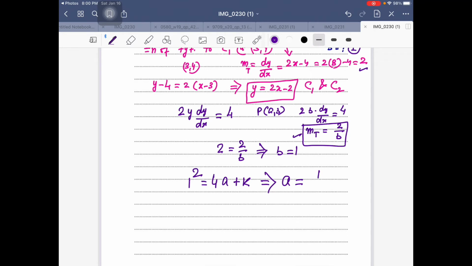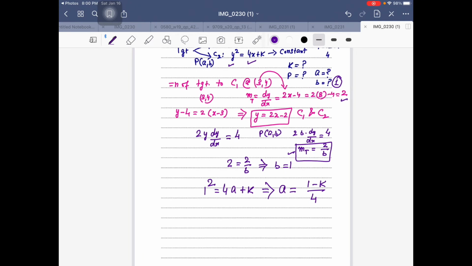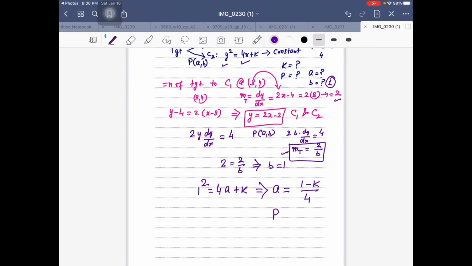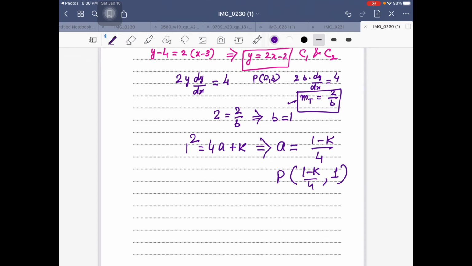So a is (1 minus k) over 4. Now I got the point P like this: P is (a, b), where a is (1 minus k) over 4 and b is 1.